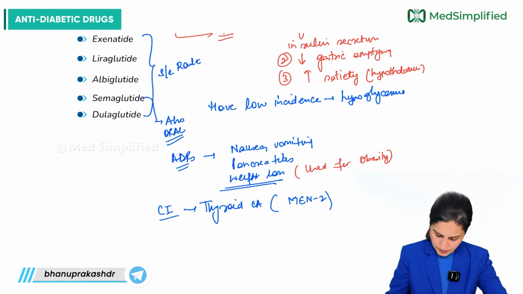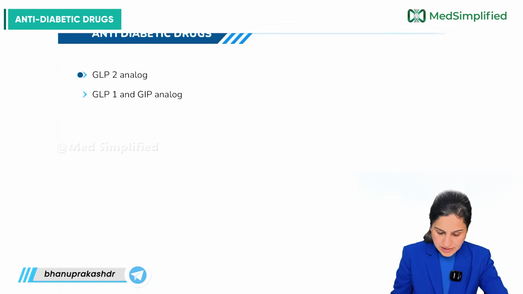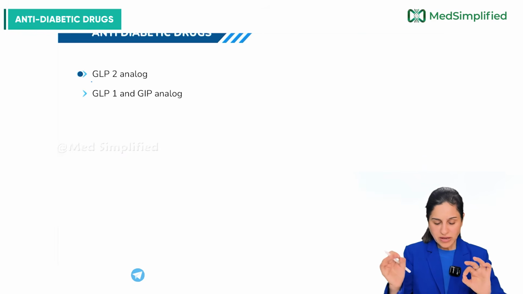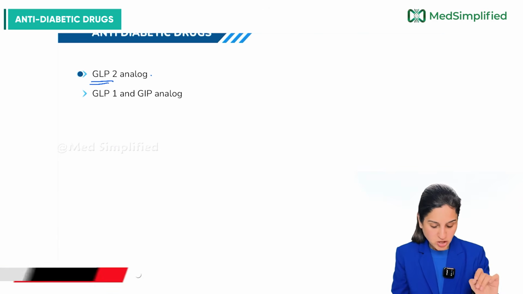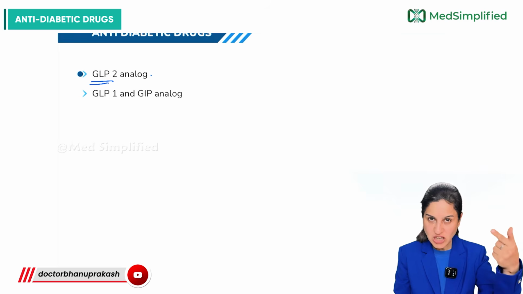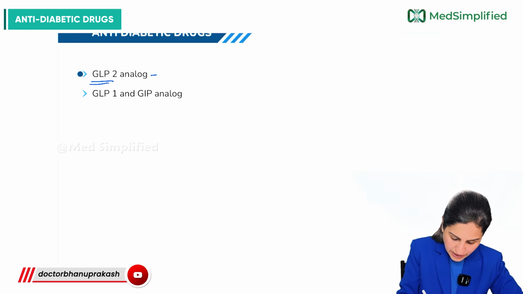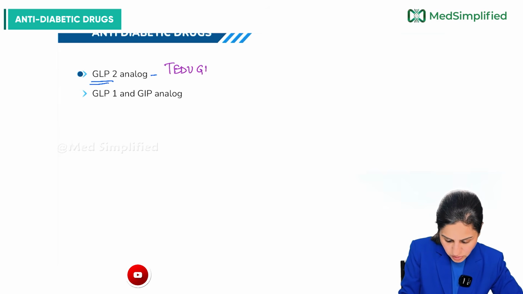All right. Next we are going to do one or two important drugs just to know the names and their uses. The GLP-2 analog. We had GLP-1, now the GLP-2 analog. We have a drug called teduglutide.